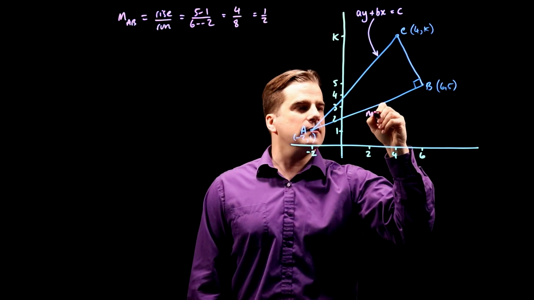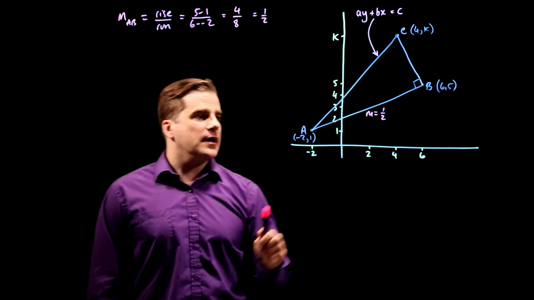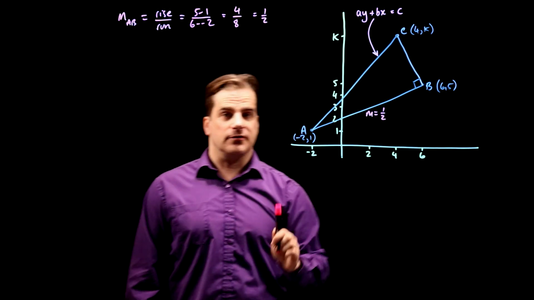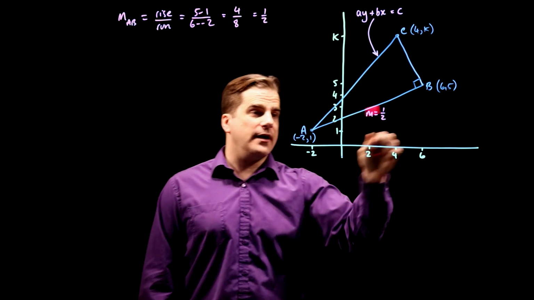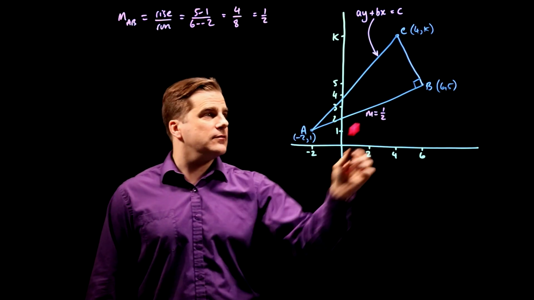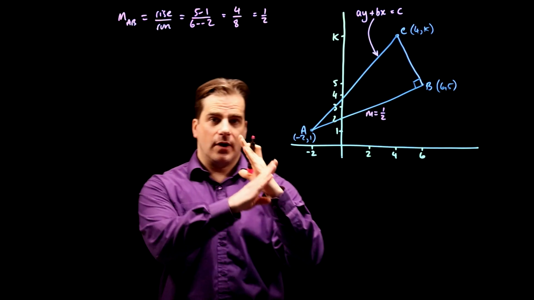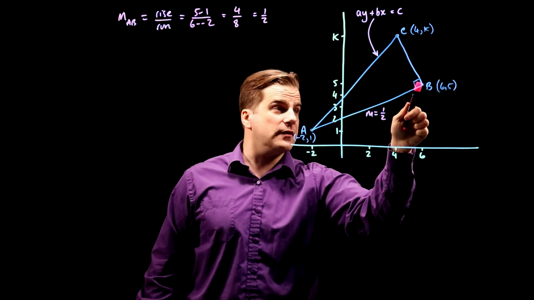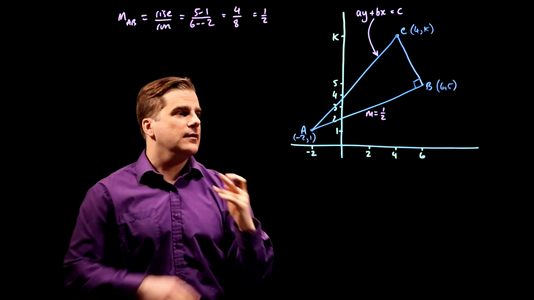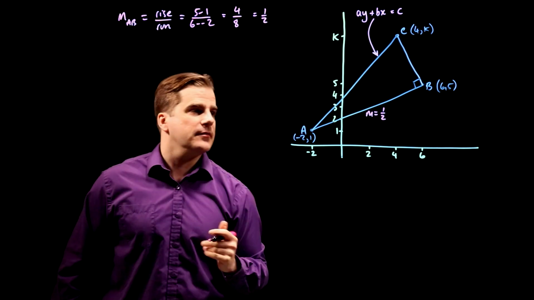So the gradient of AB is a half. Now we don't actually need to work out the equation of this line, we just really needed the gradient because, like I said, we can now easily work out the gradient of the line BC. Because when two lines are perpendicular, and we've been told that these two are perpendicular, the gradient of one is always the negative inverse of the gradient of the other.